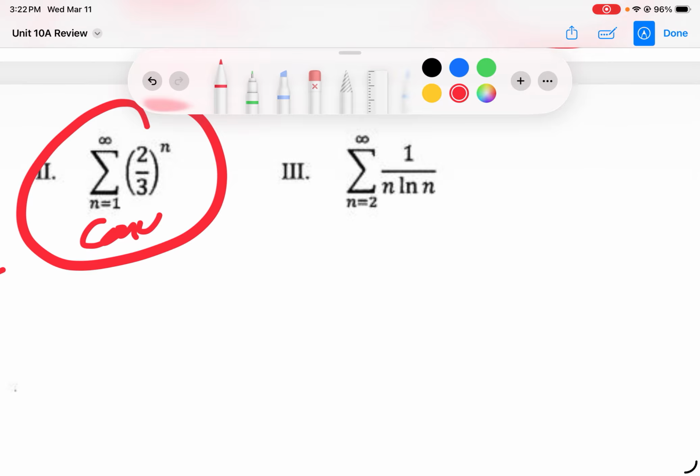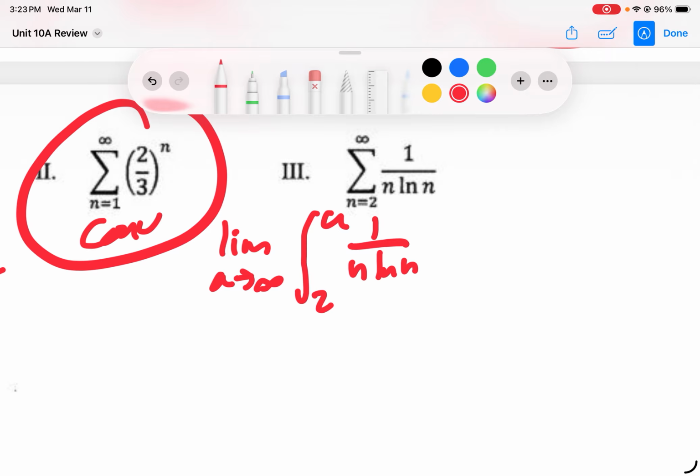So integral test, just look at this as a function. For values of n at 2 and greater, we're going to say it's positive, continuous, and it's pretty obviously decreasing. The top is fixed, the bottom is getting bigger, so overall the fraction is getting smaller. So integral test, I'll say this is the limit as a approaches infinity, integral from 2 to a of 1 over n natural log of n, dn.